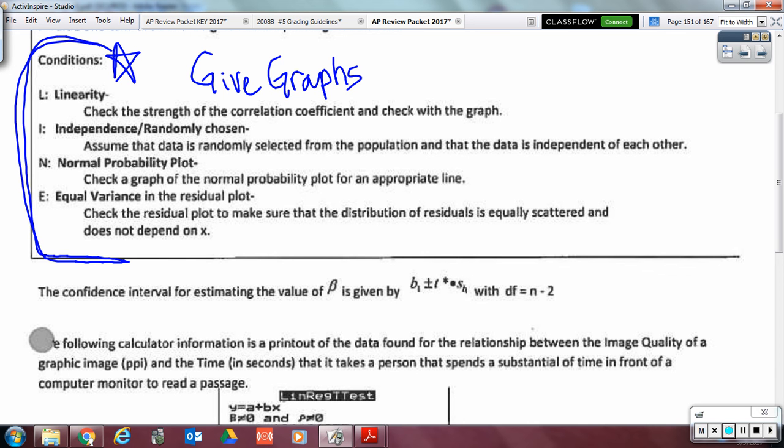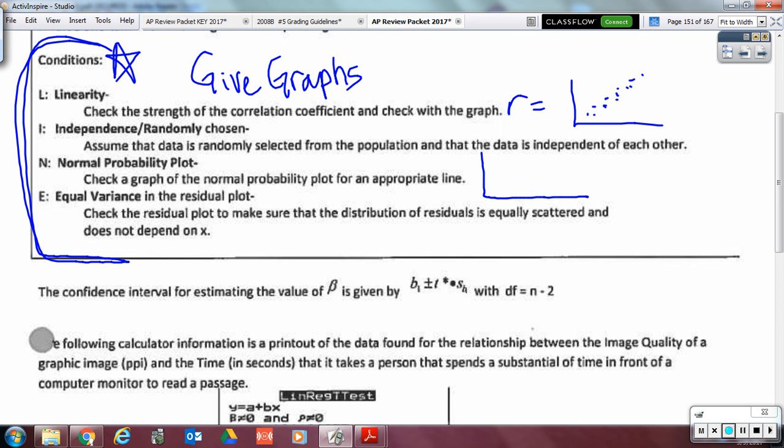So remember, for linearity, you are going to tell the r value, and then you're going to also check the one that shows a graph like that. For independent, randomly, those you know how to do, those you state the same way. Normal probability plot.